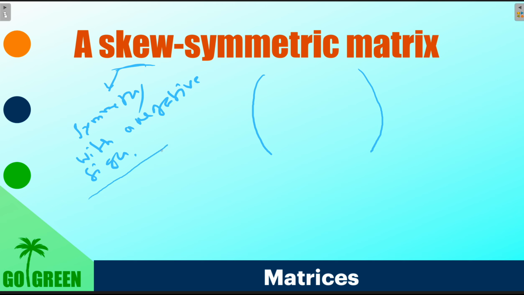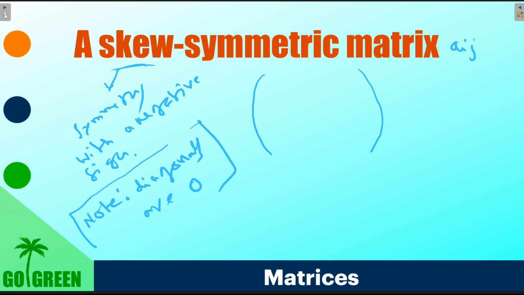Okay, one important note: in skew symmetric, diagonals are zeros only. This is an important note because in this case, skew symmetry means aij equals minus aji. So basically if you take any element, the opposite element will be minus of that.